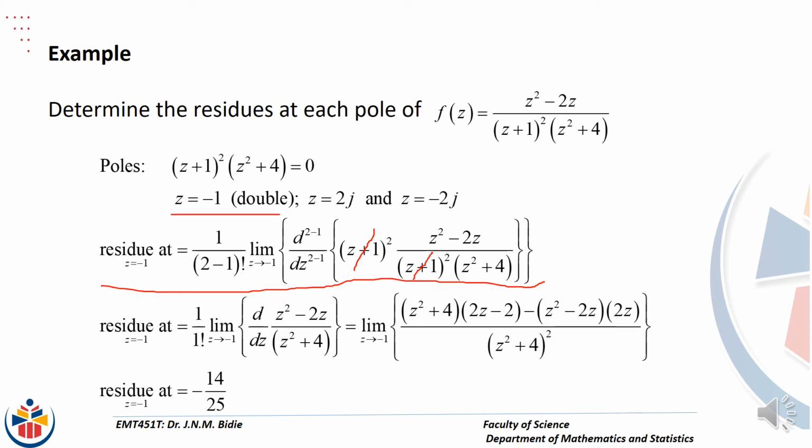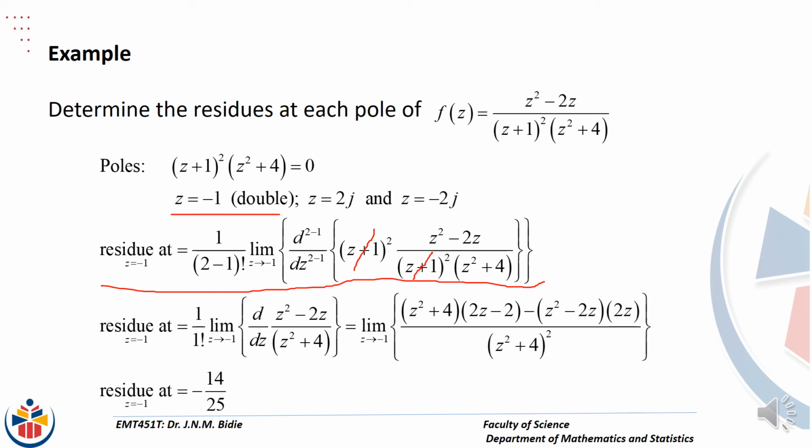Then substitute immediately the value of z naught, which is -1. And note also, once you substitute -1 in, you cannot write limit in there. We just give the answer.